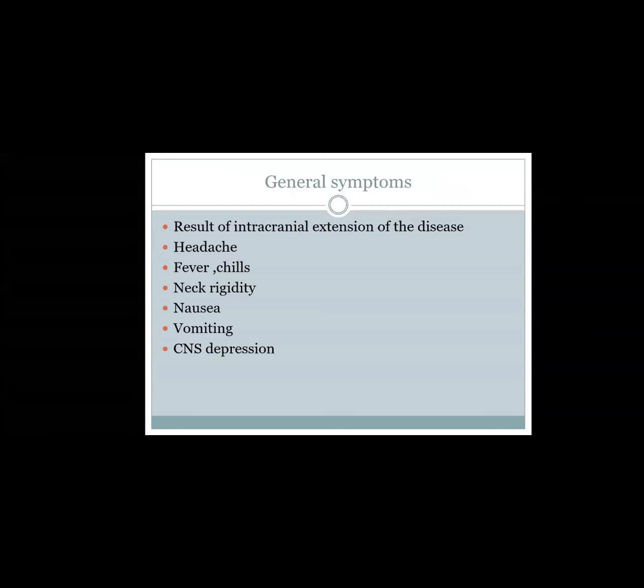Headache, fever, chills and all will be there. Neck also, because meningitis can develop because of the complication. Intracranial pressure will increase and might cause nausea, vomiting and all those things. So these general symptoms are also very essential while examining the local symptoms.